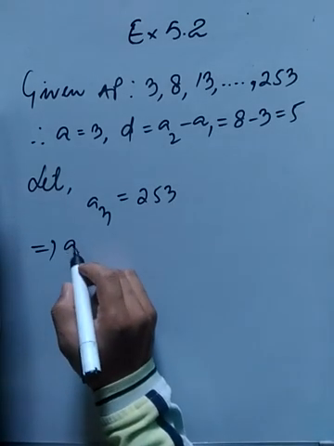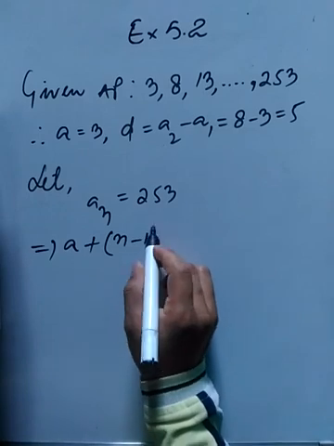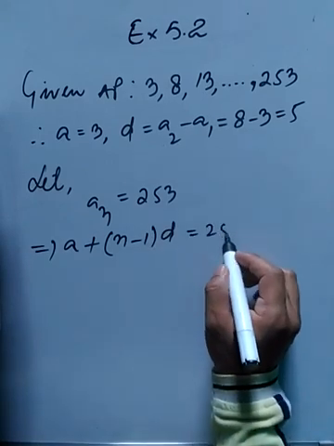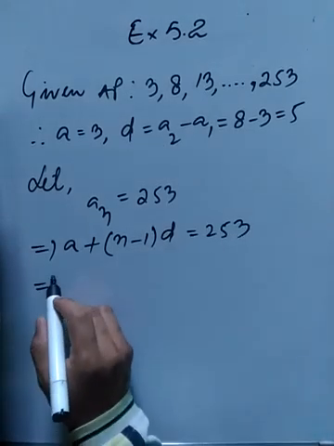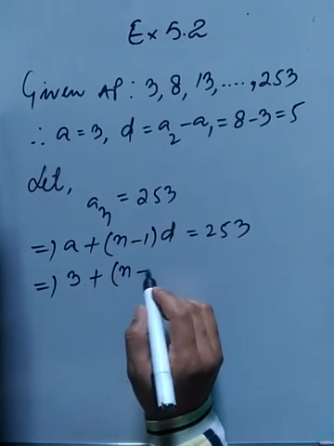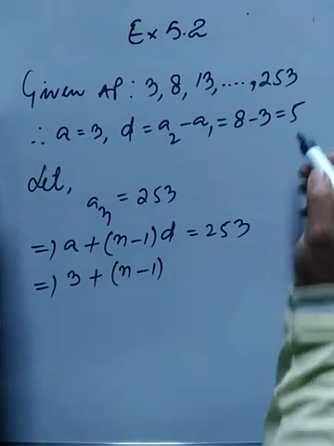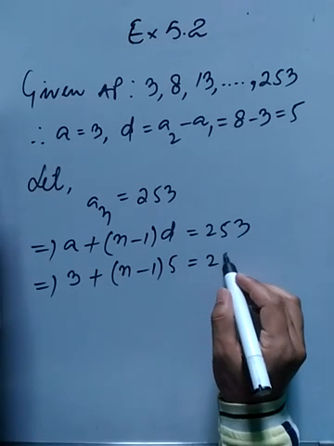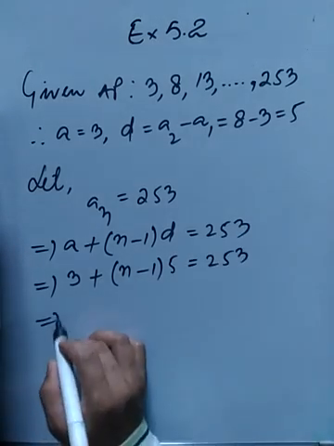Okay, a plus (n minus 1) whole d, then 253. So here the value of a is 3. 3 plus (n minus 1). What about d? We get here 5, then 253.